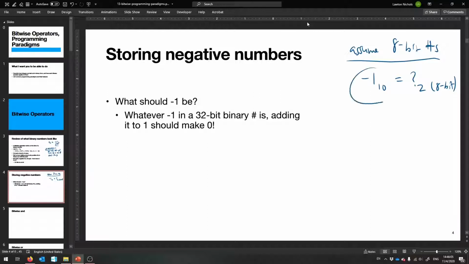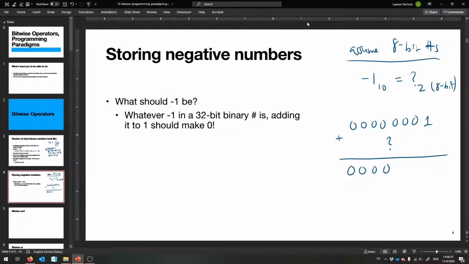That's what we need to go and figure out. The idea is, if we add this secret thing to 1, it should make 0. So here's 1: 0, 0, 0, 0, 0, 0, 0, 1. Then we need to add this to something, and we need to get back a bunch of zeros: 0, 0, 0, 0, 0, 0, 0, 0.